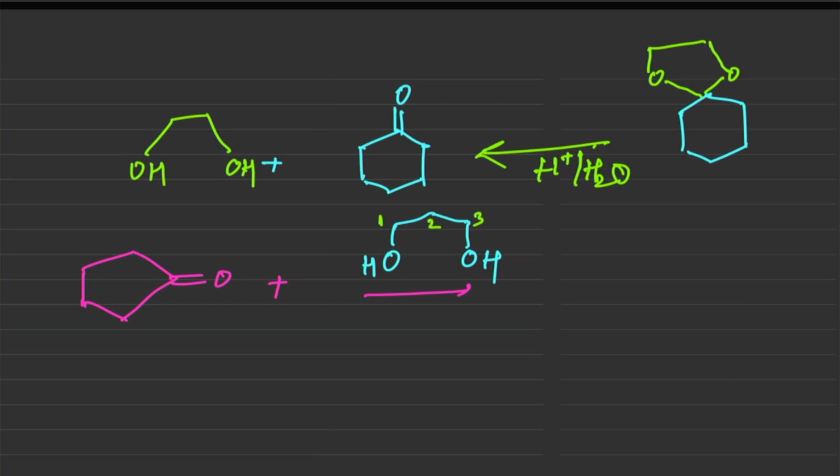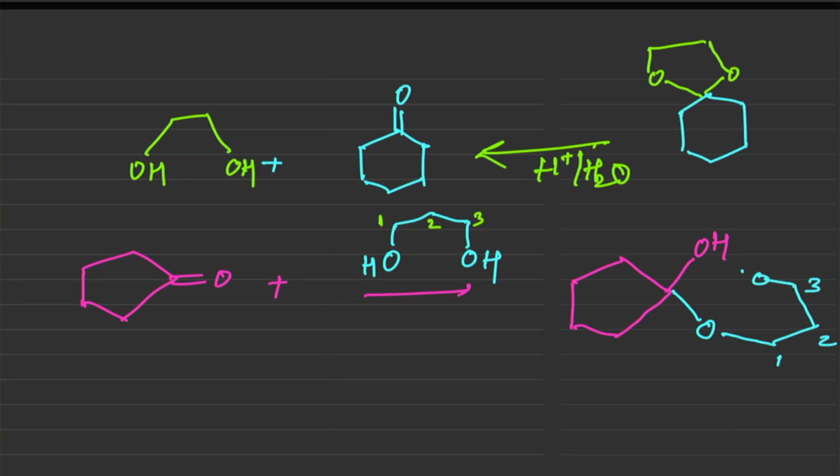So when you draw the product, the first intermediate would look something like this: OH, and then you attach O, and then you got 3 carbon atoms, 1, 2, 3.